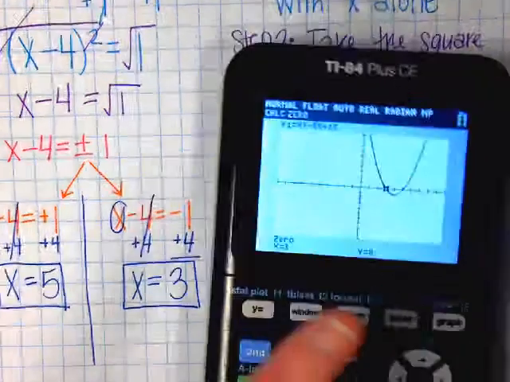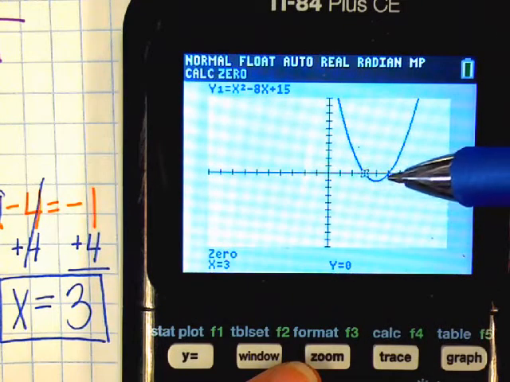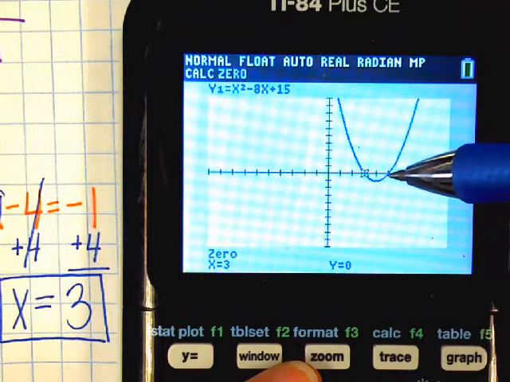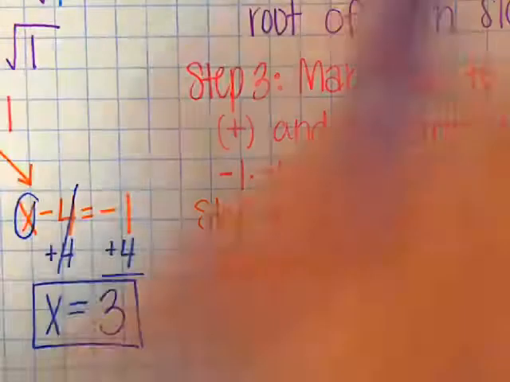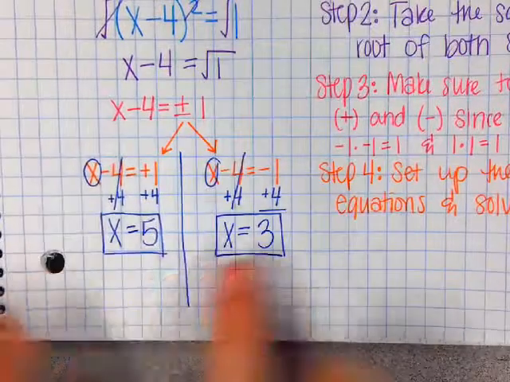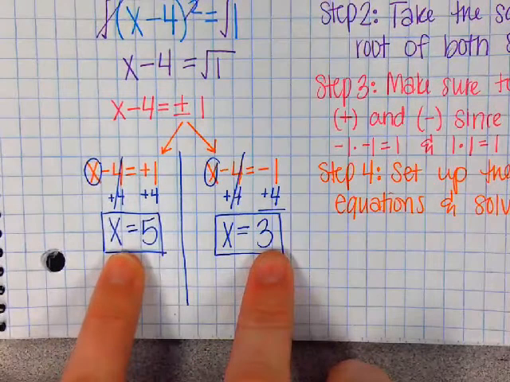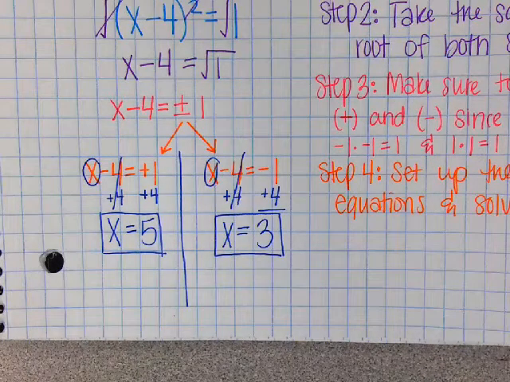It's 4, 5. Let me zoom in real quick. Do you agree the second zero is at 5? The first one's at 3, the second one is at 5. Does everybody see that? So that is how you can find the zeros.